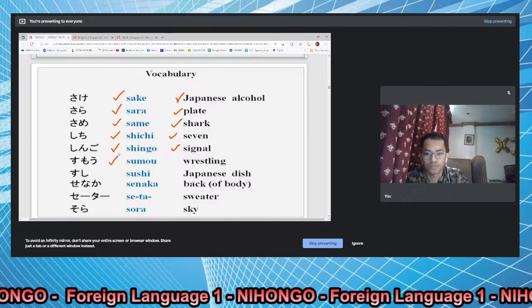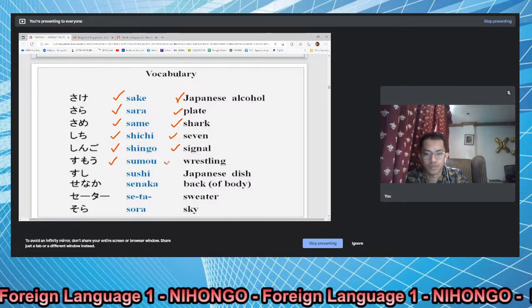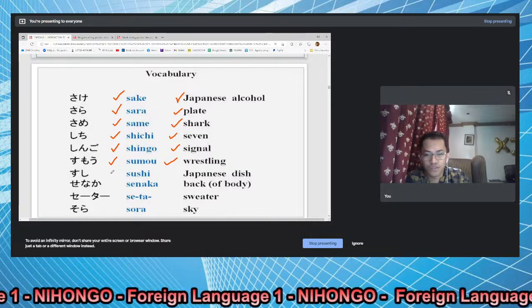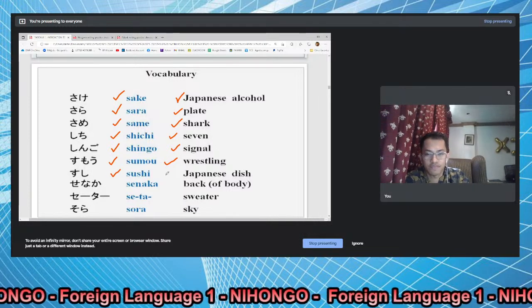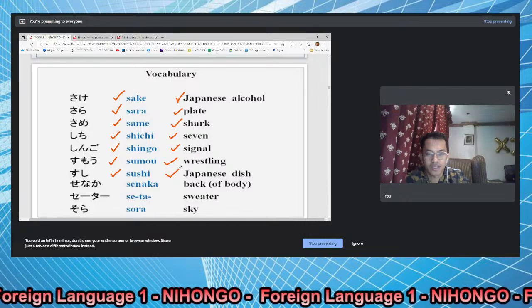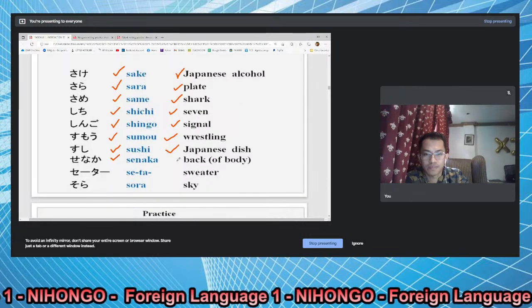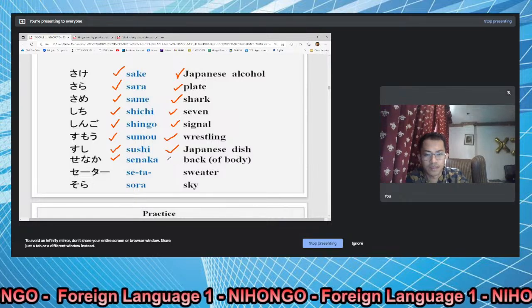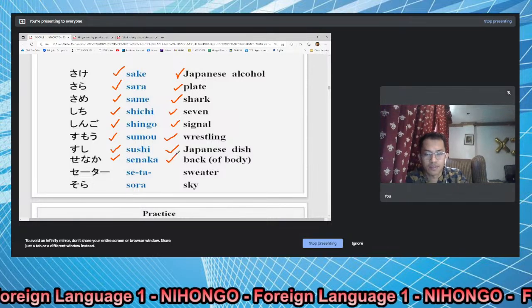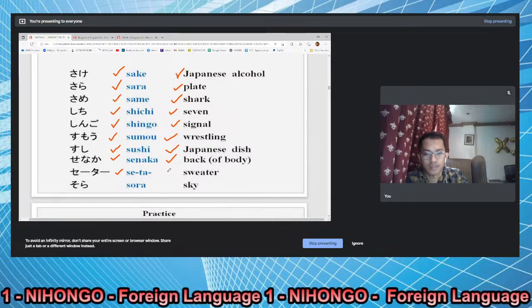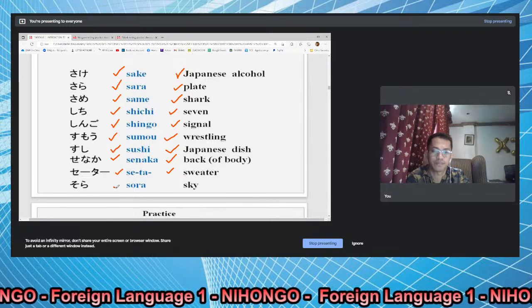Sumo, wrestling. Sumo wrestling. Sushi, our favorite Japanese dish. Senaka, back, part of the body. Seta, sweater. And sora.